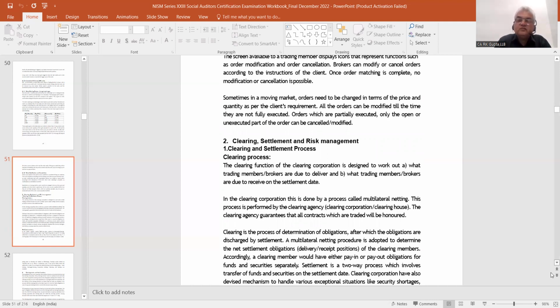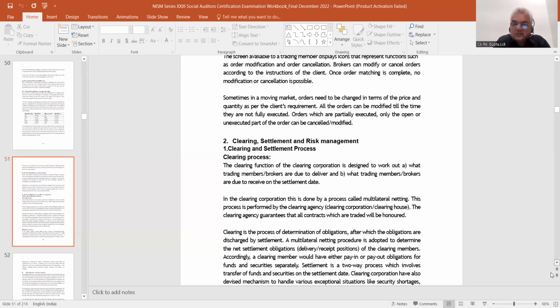This process is performed by the clearing agency, clearing corporation or clearing houses. The clearing agency guarantees that all contracts which are traded will be honored. So it is the responsibility of the clearing agency to ensure that all the contracts which are traded will be honored.